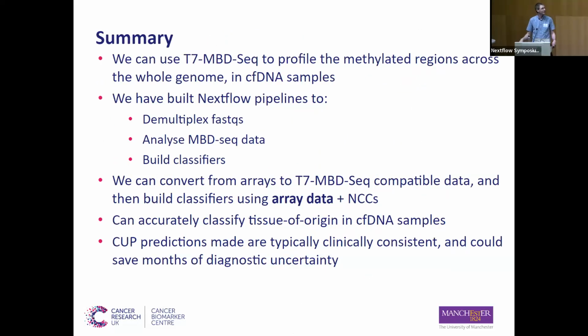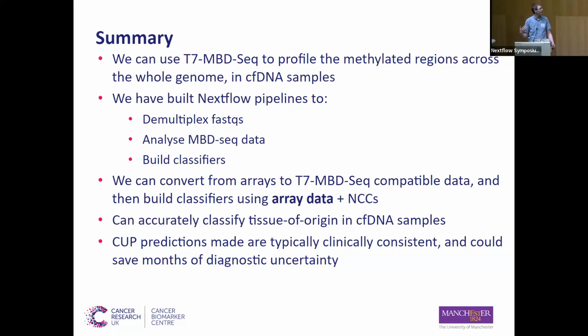So to summarize, we have this method that can profile methylated regions across the whole genome, suitable for cfDNA. I've got these 3 different Nextflow pipelines that I've used, all based on the nf-core tooling, just to emphasize how useful that is, being able to grab the modules that you need and then build extra ones for the custom bits.